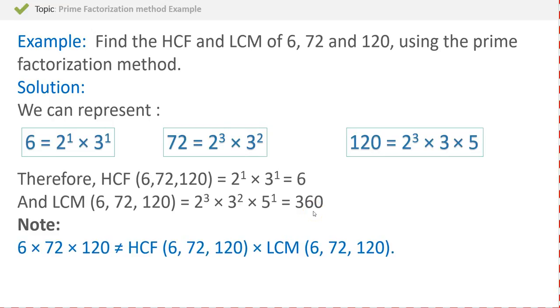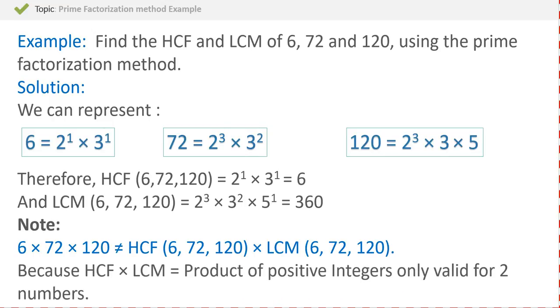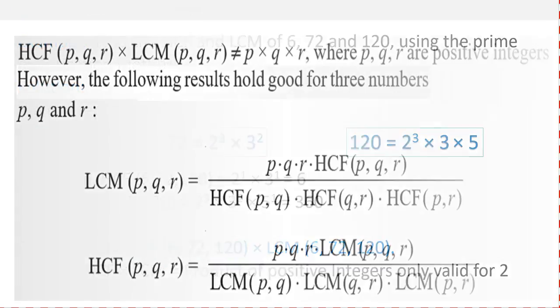Remember, you cannot use 6 multiplied by 72 multiplied by 120 equal to HCF multiplied by LCM, because this is only valid for two positive integers, not for three positive integers.